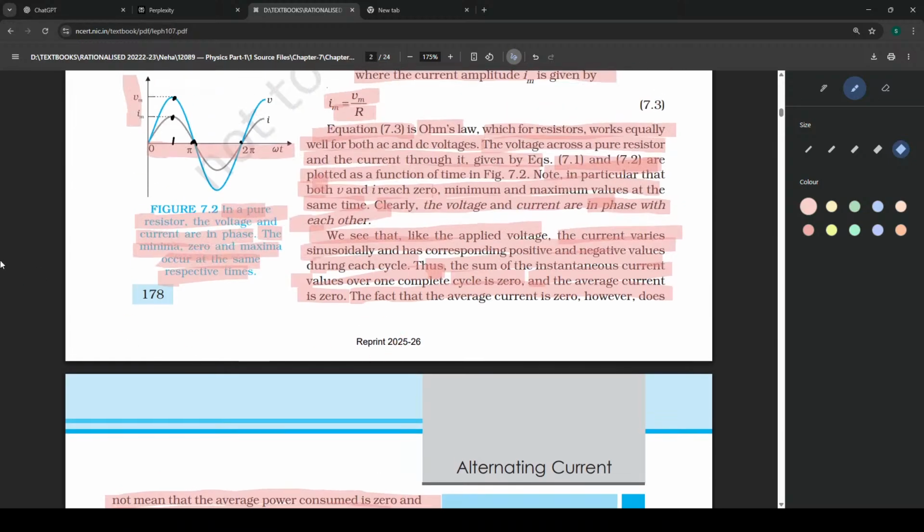Let's see what they are saying first. The current varies sinusoidally and has corresponding positive and negative values during each cycle. If it's above the axis, it's positive; below, it's negative. What this positive and negative means is that if at a certain time the current is going in the clockwise direction, at another point of time it will go anti-clockwise.